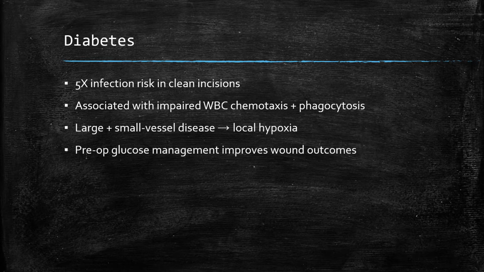Lastly, diabetics have both large vessel and small vessel arterial disease, and this leads to a relatively hypoxic wound environment. Better pre-op glucose management can improve wound outcomes. The most likely explanation for this is that tighter glucose control can lead to a decreased risk of wound infections.